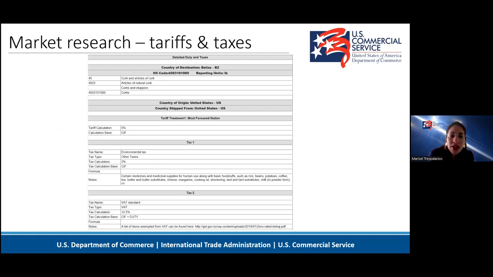Right off the bat, you see that the most favored nation tariff treatment is 5%. All right, so there is a 5% tariff for corks going into Belize. And in addition, there is a 3% tax. And on top of that, there is a value-added tax of 12.5%. So you can see how the shipping can really add up, right?